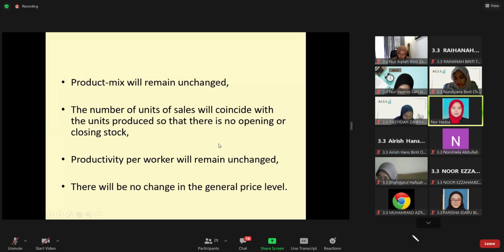Meaning that if you are using a skilled worker, you assume that the level of productivity will be the same as for an unskilled worker. There is no difference. And also there is no change in the price level. We assume that the price level will always be the same during the analysis.